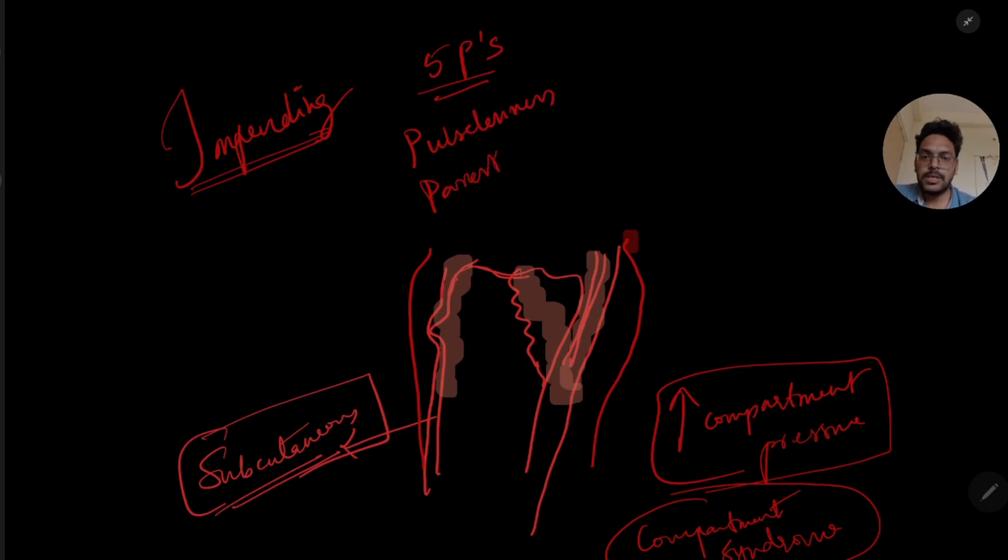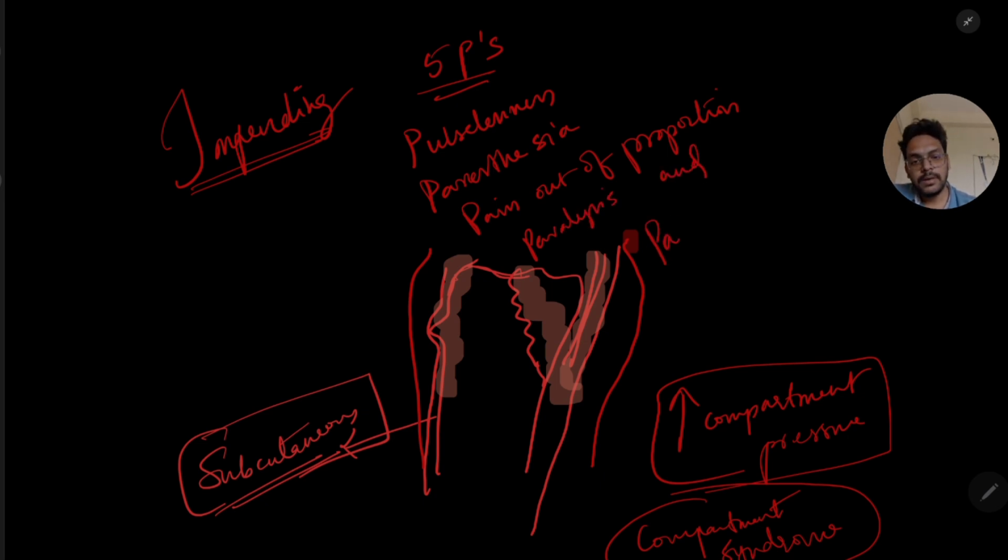Next is paresthesia, pain out of proportion, paralysis, and pallor. These are the 5 P's in compartment syndrome.